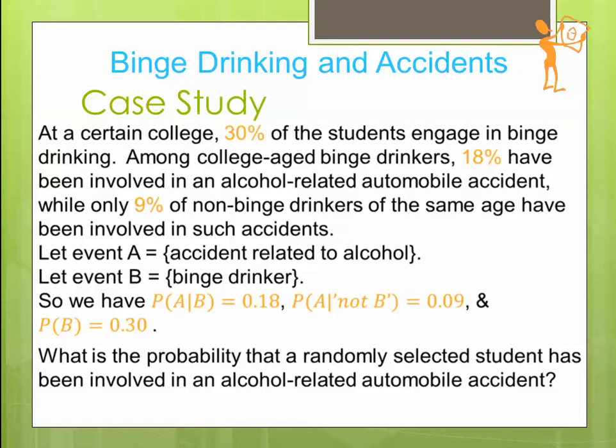And if you look through the probabilities that we've been given, we've been given the probability of A given B. We've been given the probability of A given not B. And we have been given the probability of B. We want to know what's the probability that we just randomly select some student at this college and we find out that they have been involved in an alcohol-related automobile accident. So we're going to set up a tree diagram to do that, and it's going to look like this.